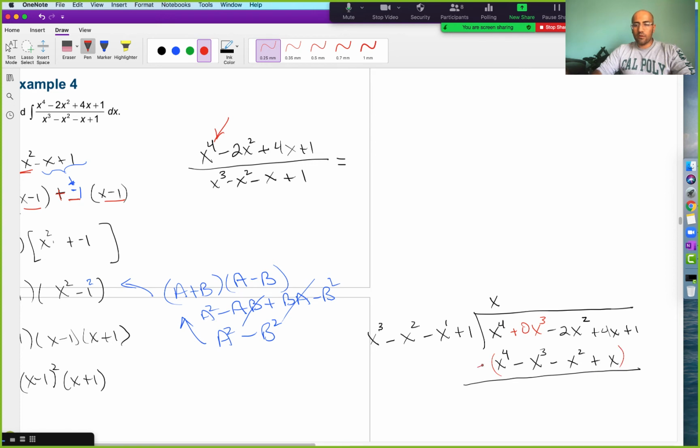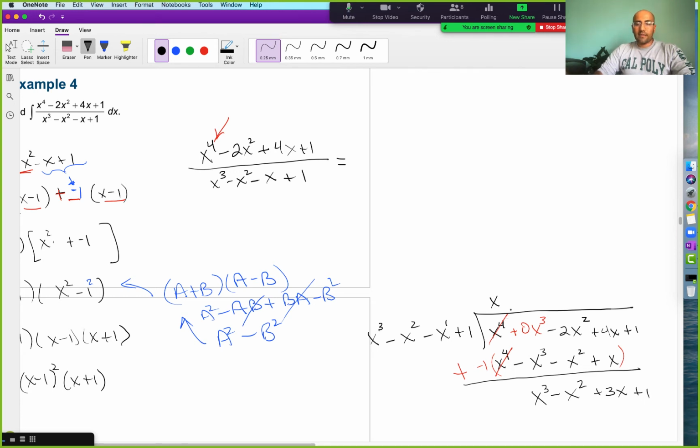When I distribute a negative 1, these will be opposite signs. These cancel. Negative 1 makes it a positive x cubed. So adding it down, we get x cubed, and then minus x squared, and a plus 3x. Bring down the plus 1.